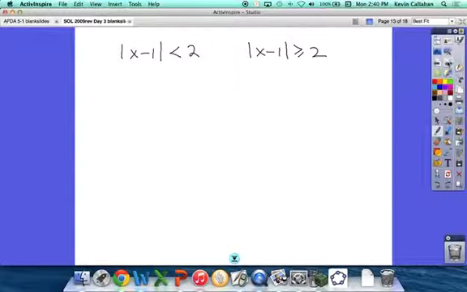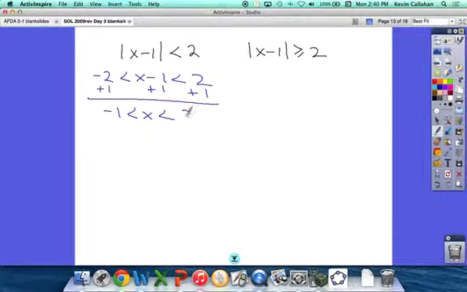It's the 3-part inequality, right? You would write -2 is less than x minus 1 is less than 2. And then you solve for the x in the middle, right? What do I have to do to isolate the x in the middle? Add 1, right? +1, +1, +1. So this is -1 is less than x is less than 3.